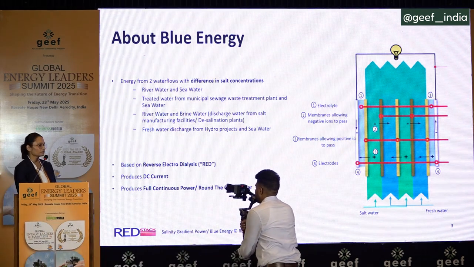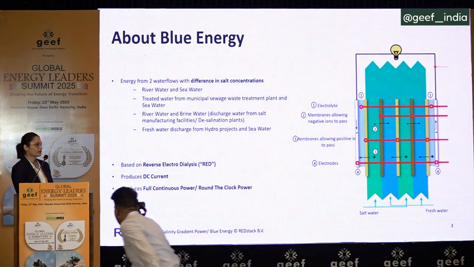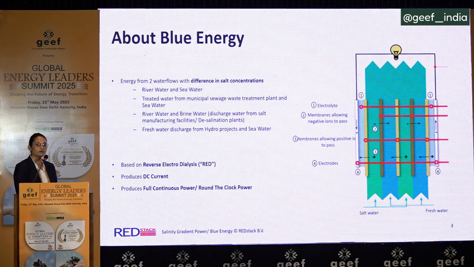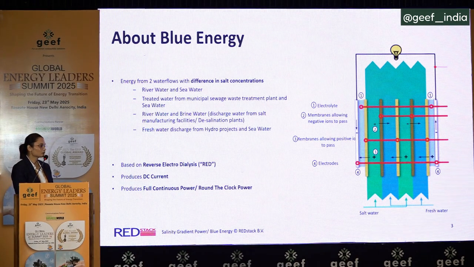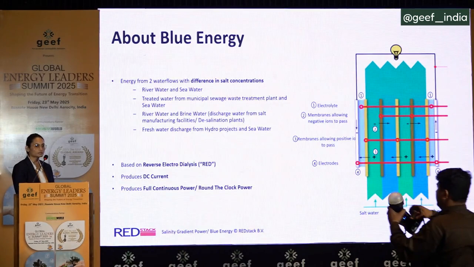How we do it is, we have created this stack. The stack consists of ion selective membranes. We have put in membranes which attract negative and positive ions, and we have stacked them in parallel. When we flow salt water and fresh water in parallel, the ions from the salt water side, as a natural phenomenon, want to move towards the fresh water side.